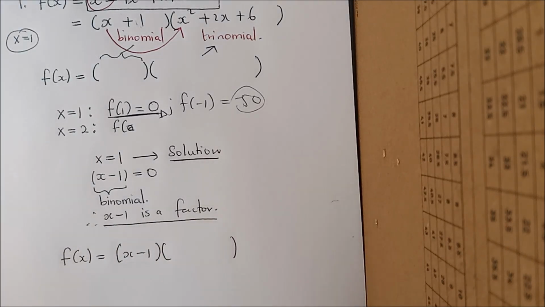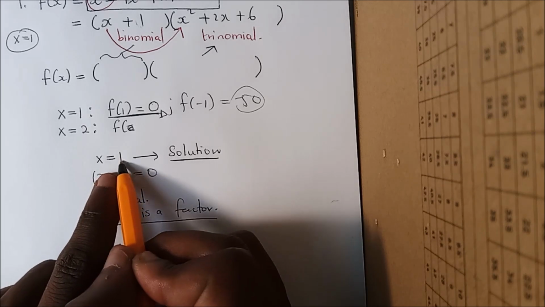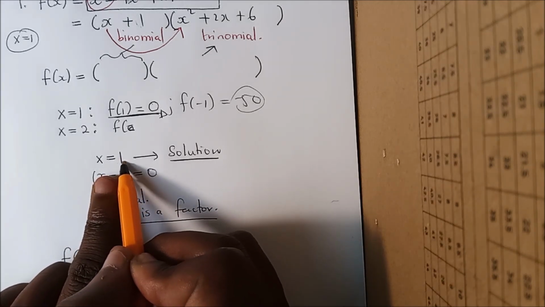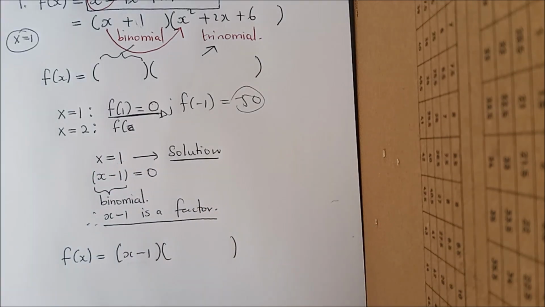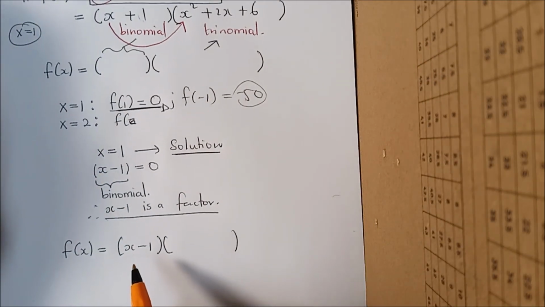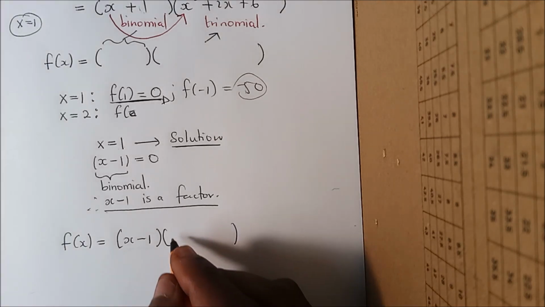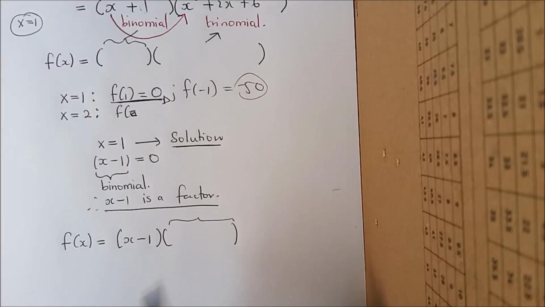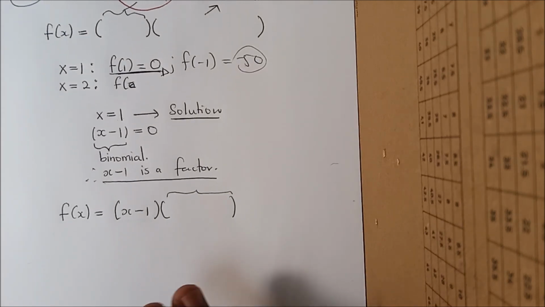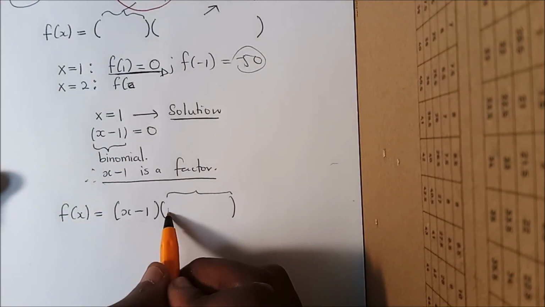We took one step back, because this is the solution. Now, if you take the one step back, you will have x minus 1. So now x minus 1 is our first factor. So now for the second factor, we know this one is a trinomial. So now believe me, it's not difficult to predict what will be the first term here.